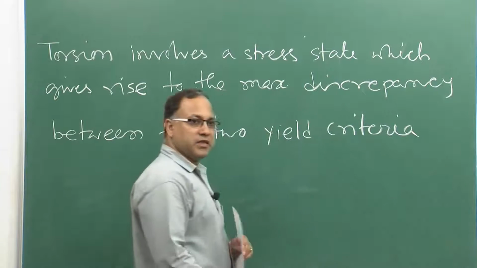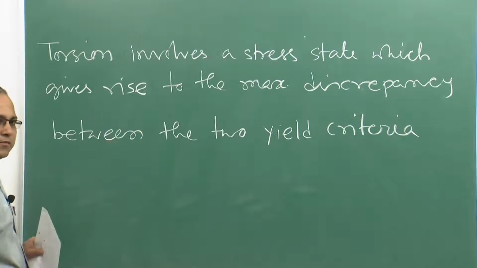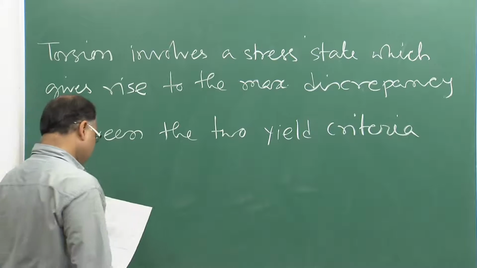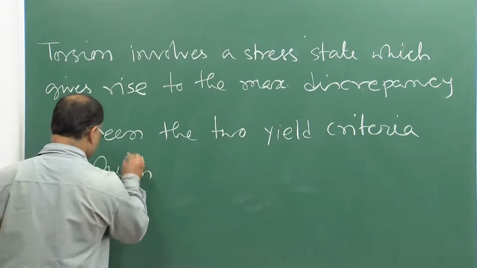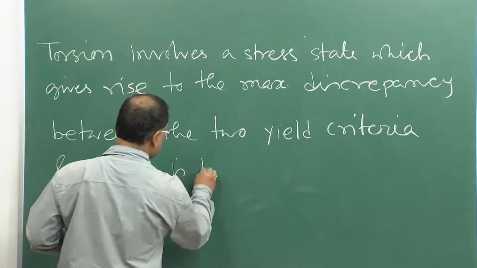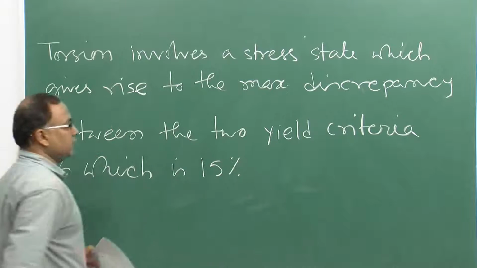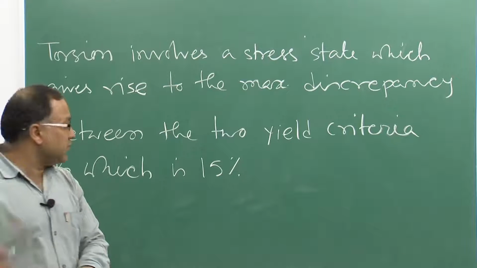Two means one is von Mises, another one is maximum shear stress, that is nothing but your Tresca, and which is 15%. This gives the maximum discrepancy.